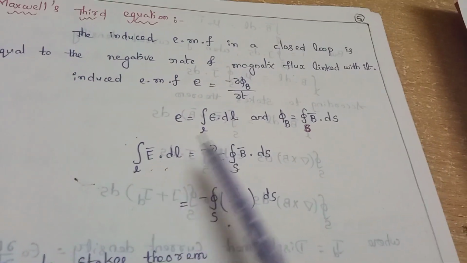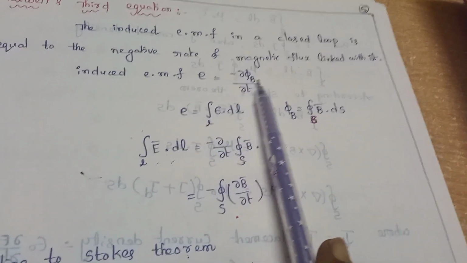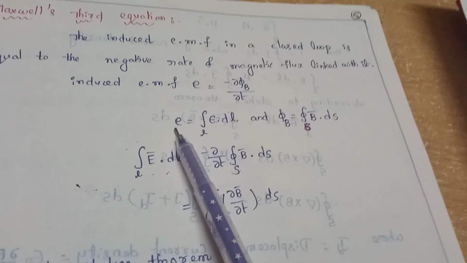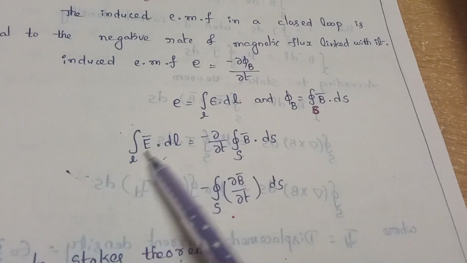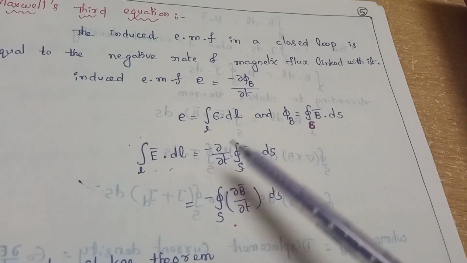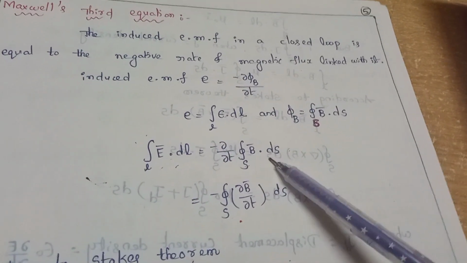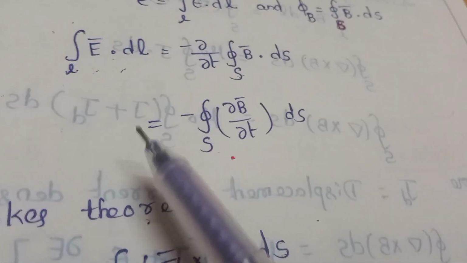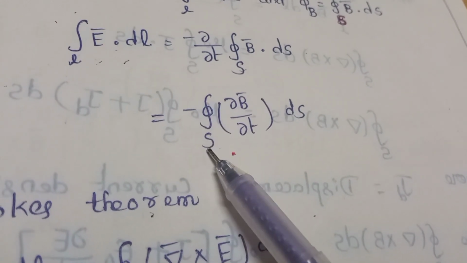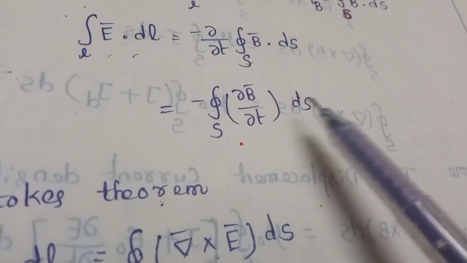Then if small e is equal to minus del phi by del t, in the place of small e we can substitute the line integral of E dot dl, which is equal to minus del by del t. In the place of phi B we can substitute the surface integral of B dot ds. After that it can be written as minus del by del t of the surface integral of B vector into ds.